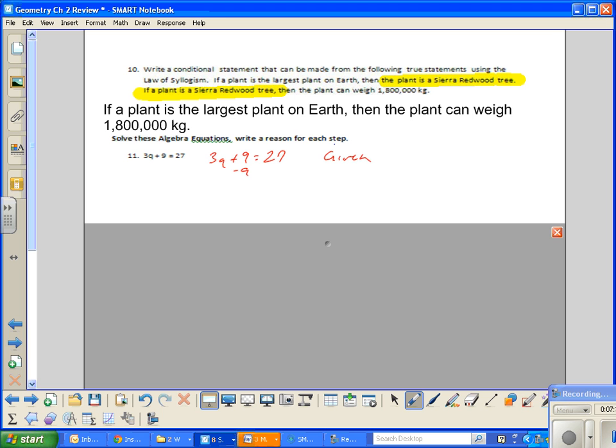So I'm going to move the 9 over by subtracting, which is going to give me 3q equals 18. The reason we got to that step was the subtraction property of equality.